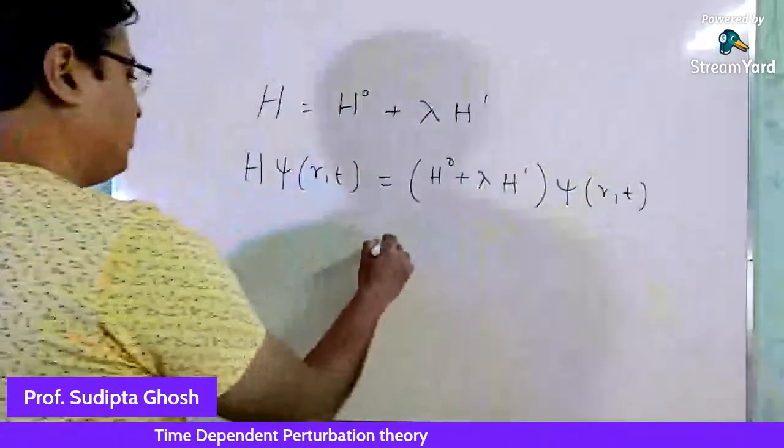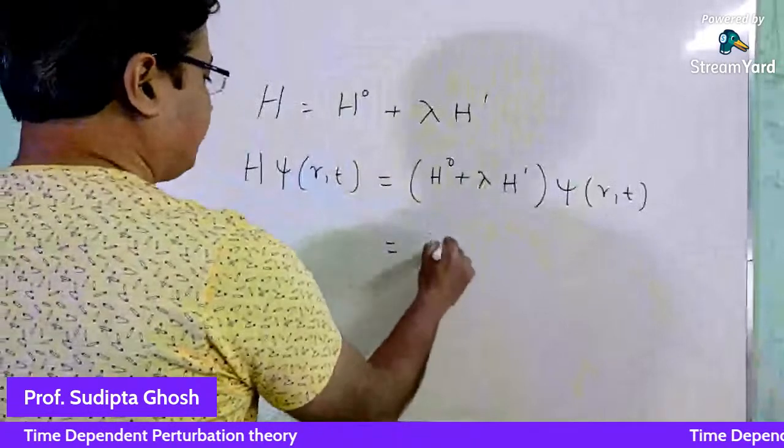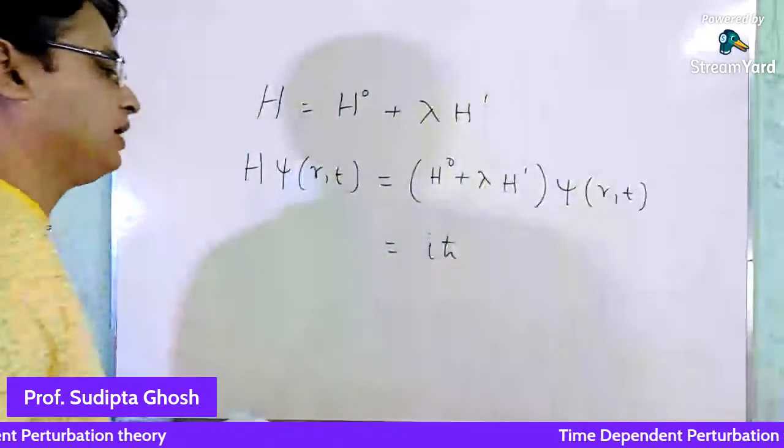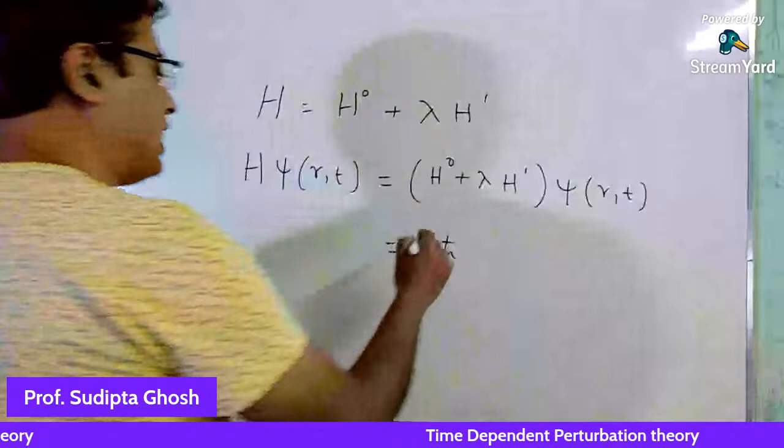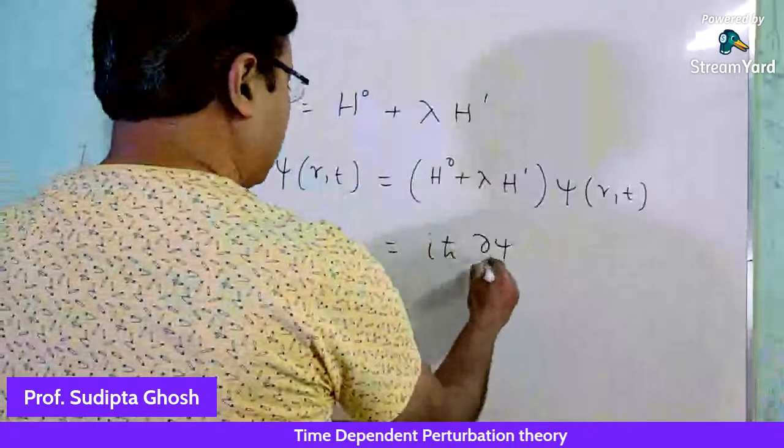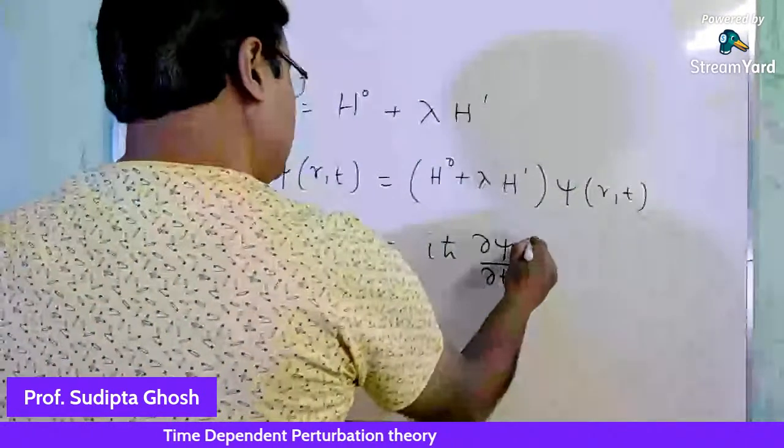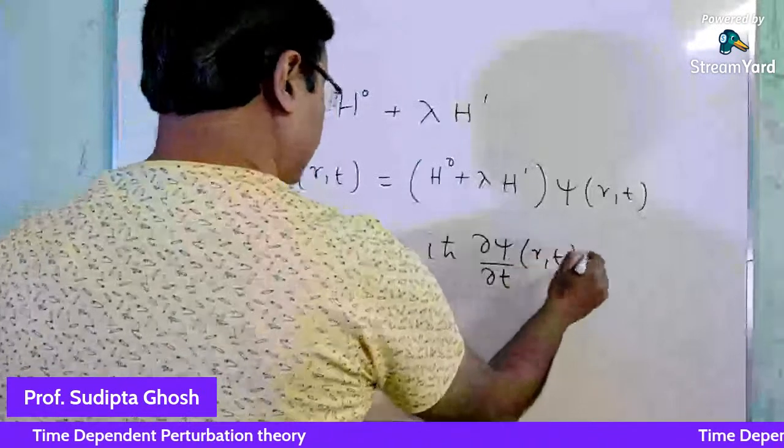And that is equal to, as we know for the time dependent Schrodinger equation, i h cut del psi del t. Here also psi is a function of r and t.